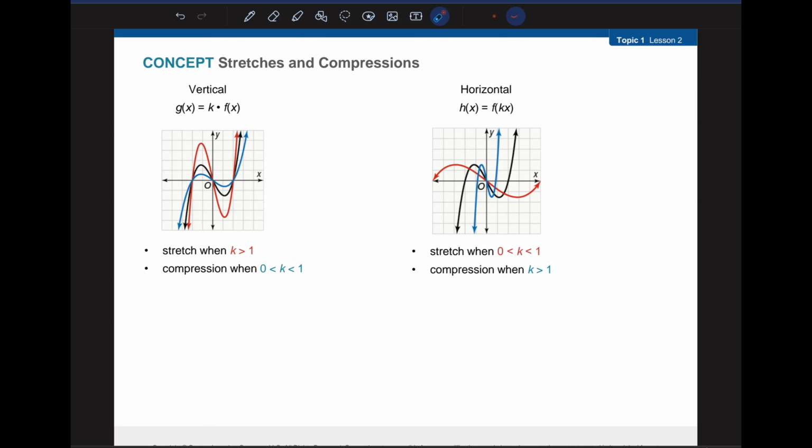Numbers between 0 and 1 would be fractions that are bottom heavy, like 1/2, 1/3, 2/3, but not like 4/3 because that's bigger than 1. When we have horizontal stretches and compressions, that's when I multiply just that x value. If it's between 0 and 1, that will be a stretch. But if that number is bigger than 1, it will be a compression.